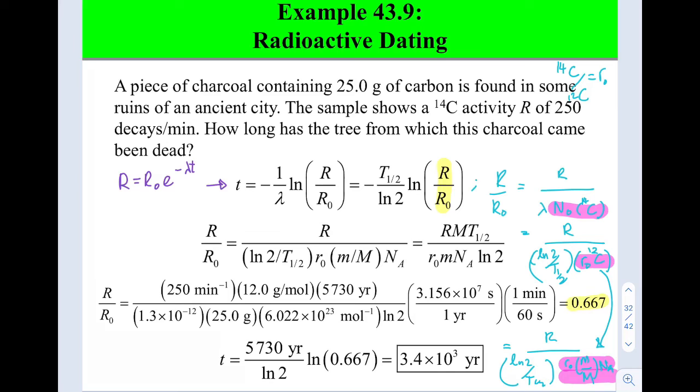The R over R naught is equivalent to this. Then you substitute into this equation and figure out t is 3.4 times 10 to the power of 3 years. This is how long the tree from which this charcoal came has been dead. So it is confirmed to be from an ancient city.